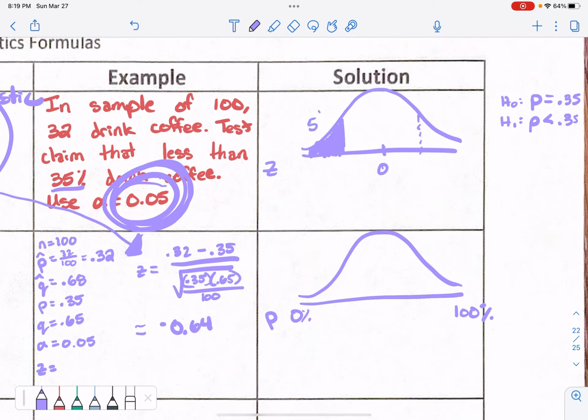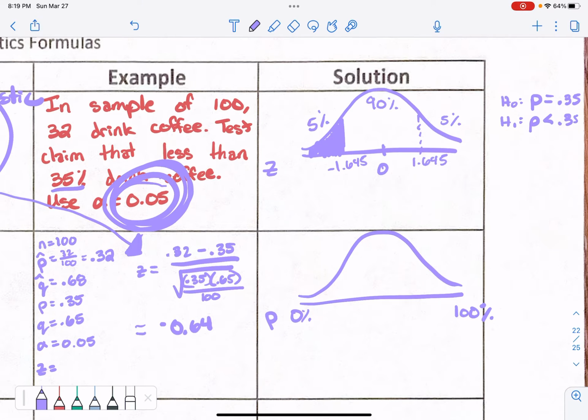That means all 5% is going here, and I have an imaginary 5%. And that is going to be 90% in the middle, okay? 90%, I believe, is 1.645. So we have negative 1.645 and a positive 1.645, I believe.